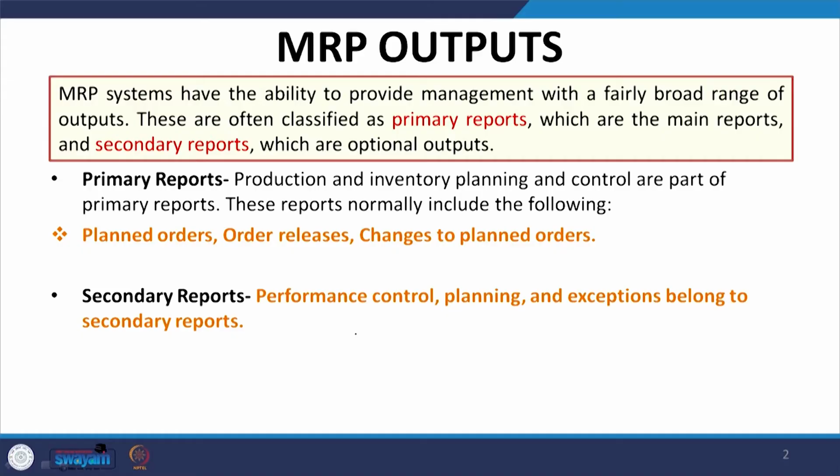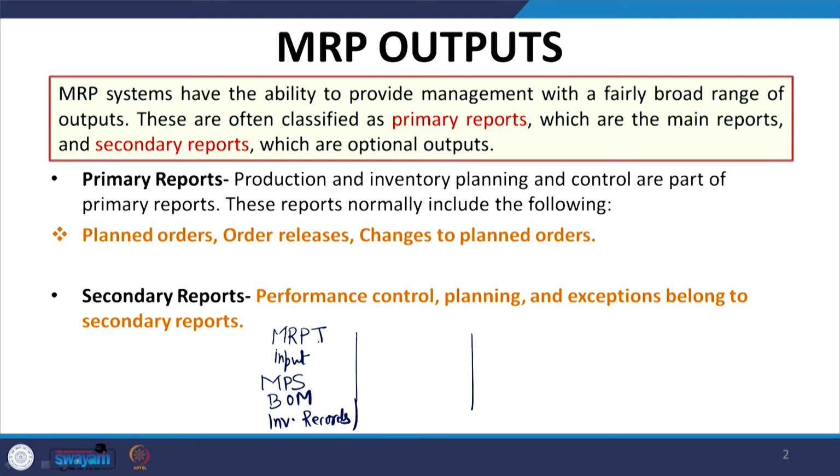Now, as we have already discussed in our earlier two sessions, there are three important components of our MRP discussion. First, MRP input, which are the master production schedule, bill of material and inventory records.